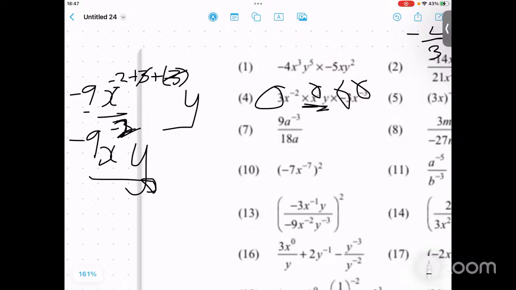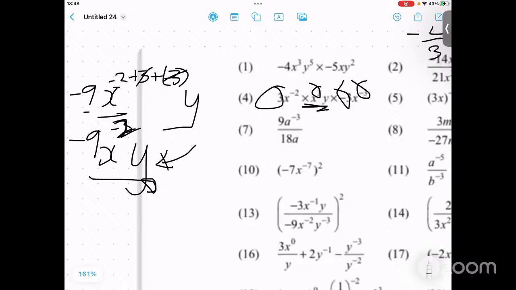Remember, a way in which you can check if your answer is correct is to choose two values. One you will use as your x value and the other as your y value, and then you substitute them into the original expression, and again substitute the same values into your final answer, just to check if you get the same answer.